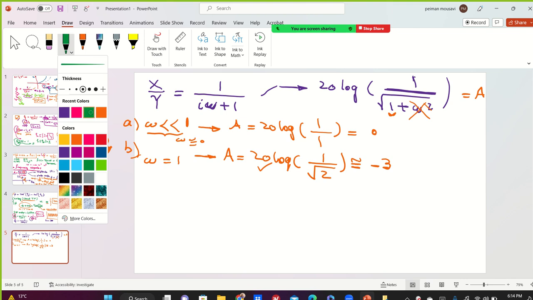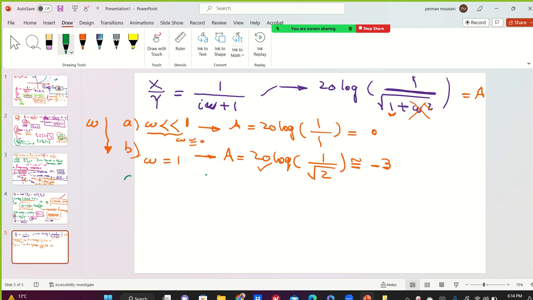Now I'm increasing more. Case C. So when I say 1, look here, guys, I can write it like this: 10 to the power of 0. That's right, 10 to the power of 1. And I'm saying now I'm increasing to a frequency of 10 to the power of 2 radian per second. That's right.